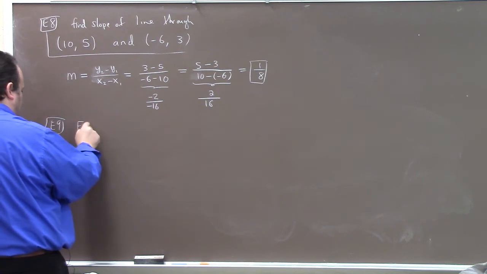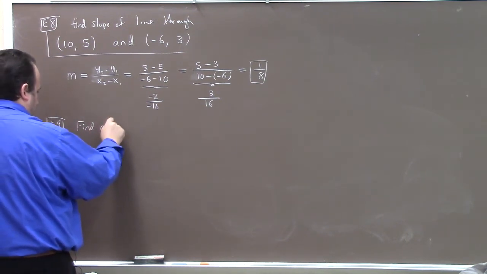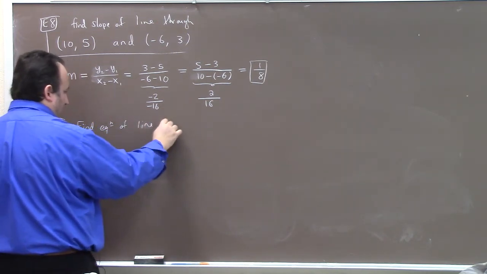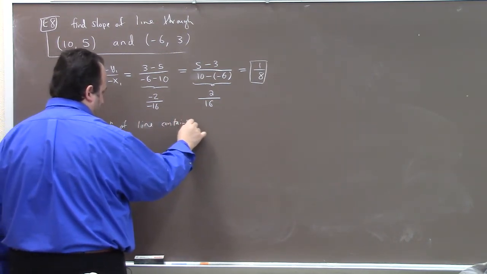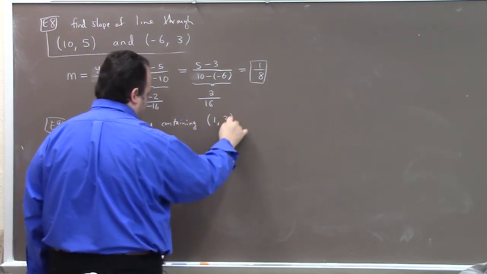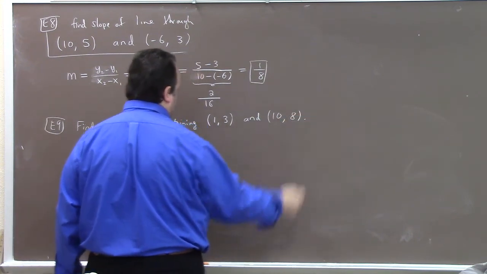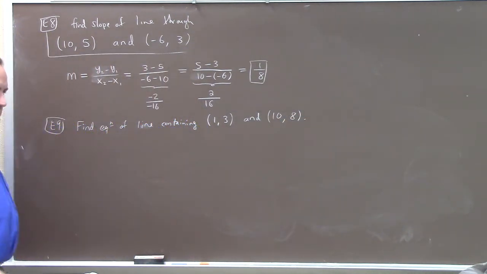Find the equation of a line containing, say, 1, 3, and 10, 8. How would you go about solving this one here? What do you think?